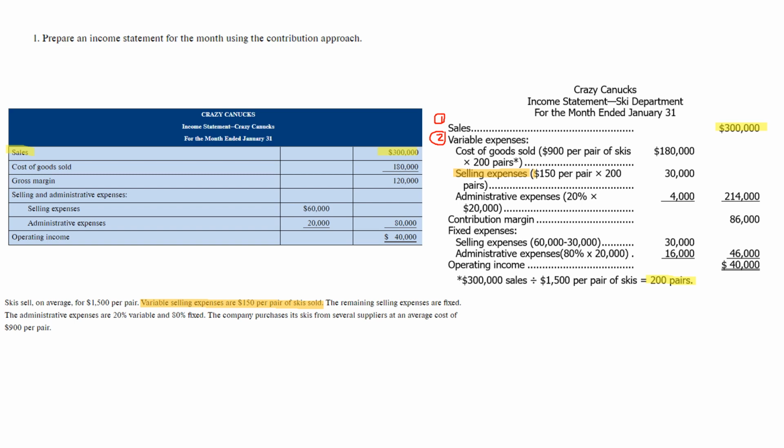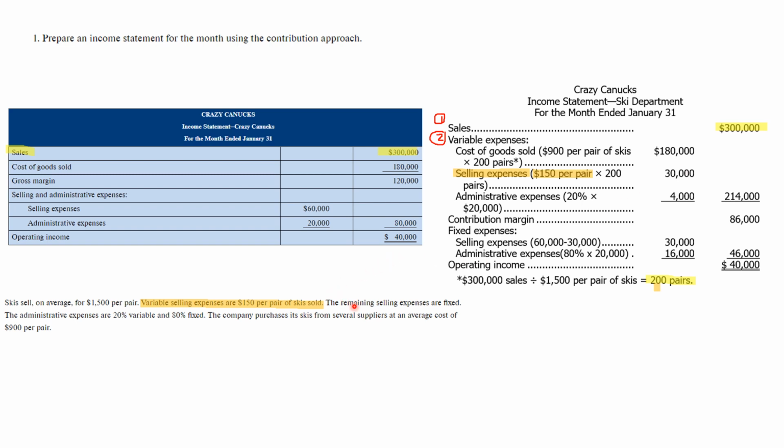It is $150 per pair, and we figured out down here that we have 200 pairs total, so $150 times 200 pairs is going to give us this $30,000. So that is our selling expenses on our statement.